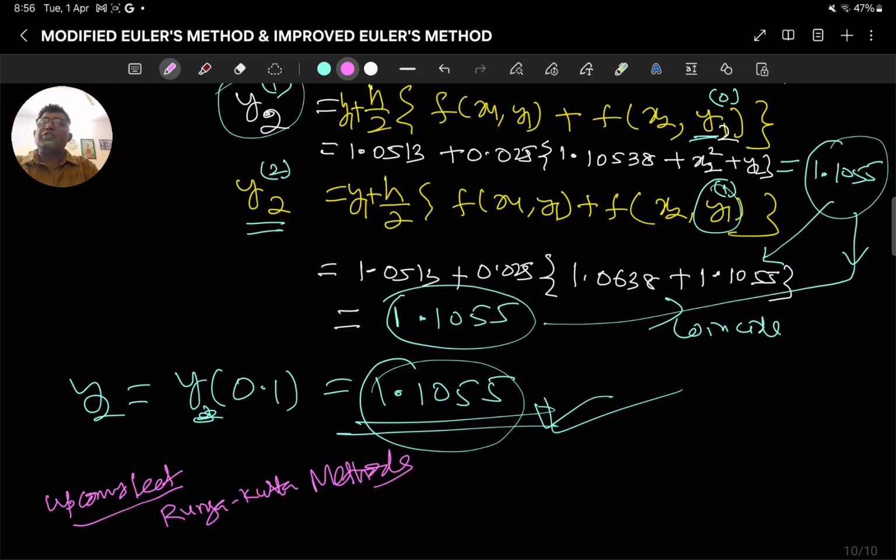Improved Euler method is also called Huygens method or Euler-Cauchy method or RK method of order 2, whereas modified Euler method is a polygon method. As we see in example 1, both are different. Moreover, the simple Euler method is nothing but the Runge-Kutta method of order 1, and the improved Euler method is the RK method of order 2.